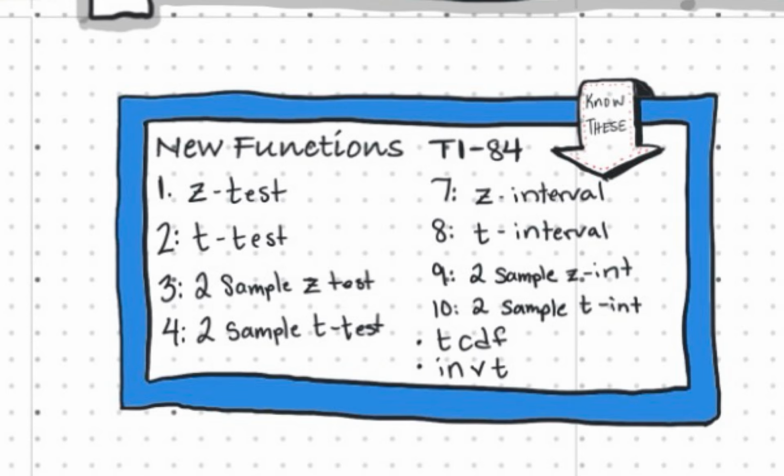Let me distinguish between these, okay? Number one, the z-test, the z-interval, the two-sample z-test, and the two-sample z-interval. Let me be really clear. Anybody listening? You will rarely ever use these. Rarely.